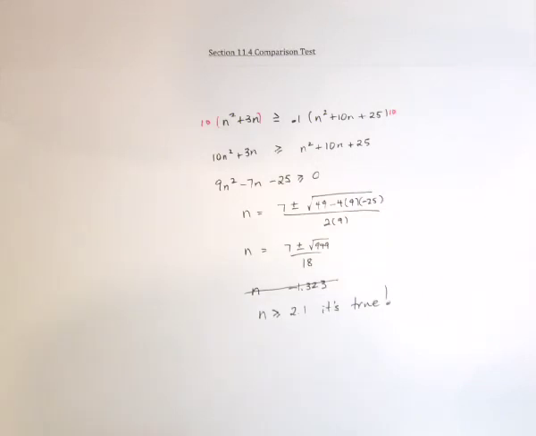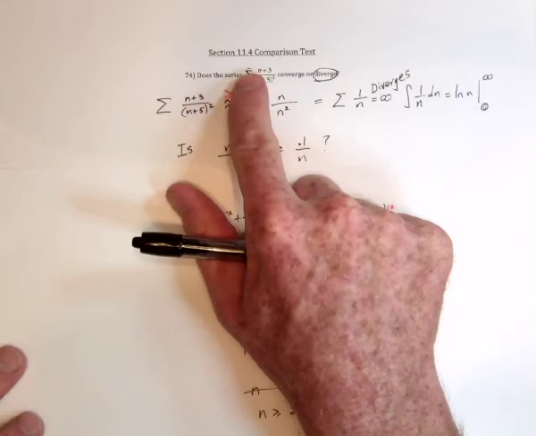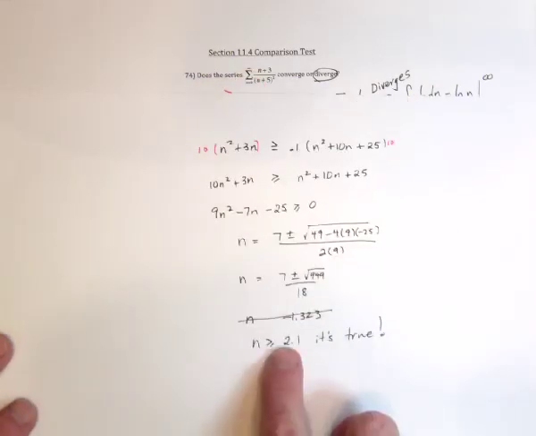Now, with the comparison method, all you need is to get a statement that from some point on, the statement is true. So, the idea being, since you're going to infinity, what happens for the first two terms doesn't really matter. What matters is, as you go to infinity, what happens.